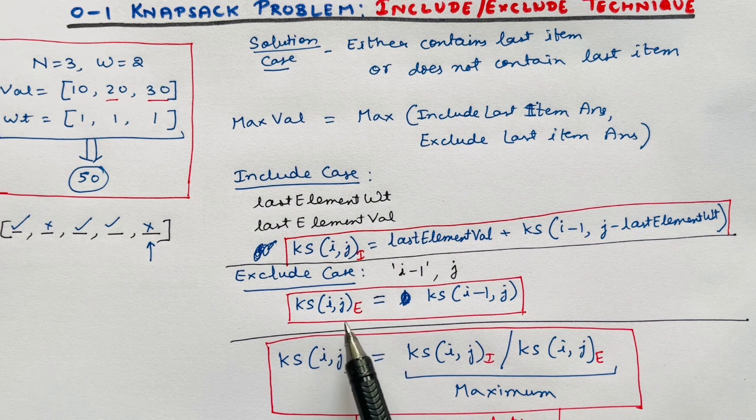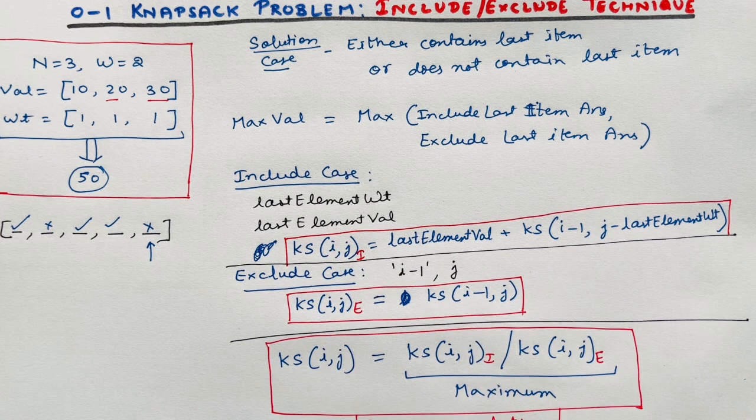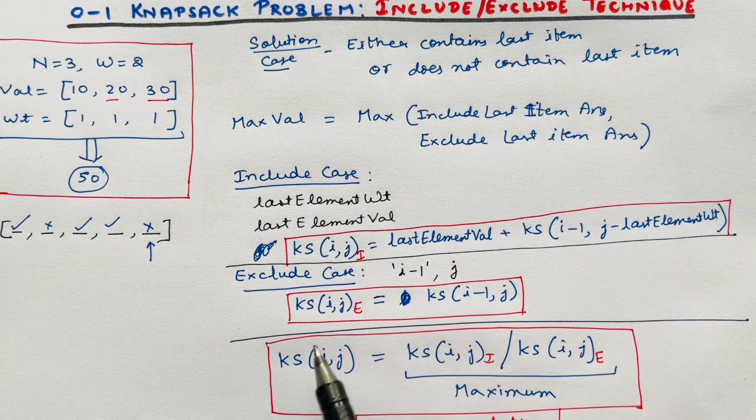And the second says the maximum value that we can achieve using these items, but we have to exclude the last item. So the maximum of the two is our final answer. Now this is also our recursive relation, as we have expressed our original problem in terms of smaller problems, and we are using the answers of smaller problems to derive the answer for our original problem.